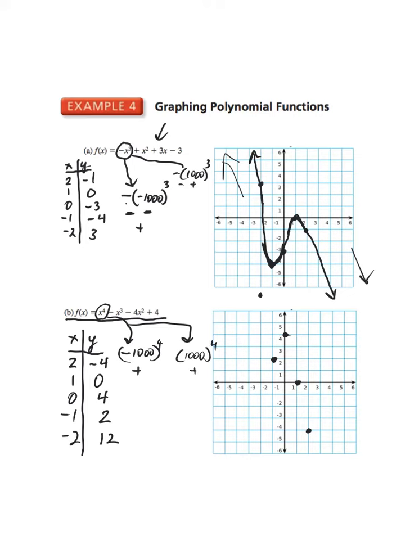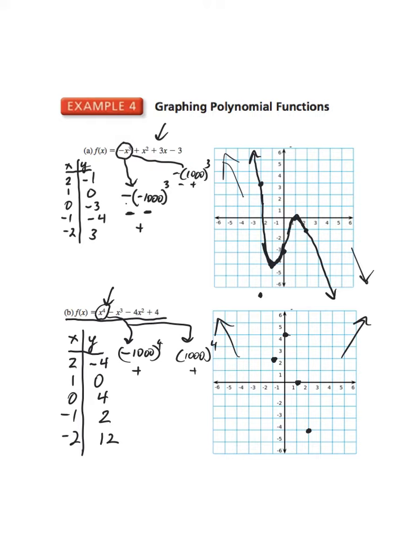So that means that if we move to the left toward infinity, the y values are going to be positive. As we go to the right, the y values will also be positive. And this is consistent with what we call an even function, because the exponent is 4, so we have that symmetric end behavior.